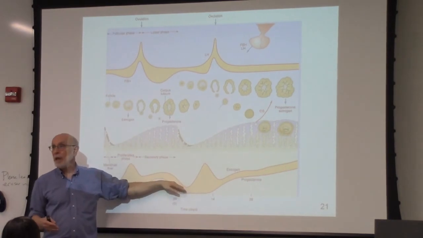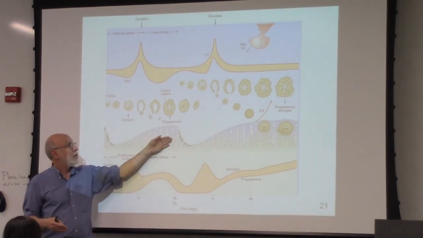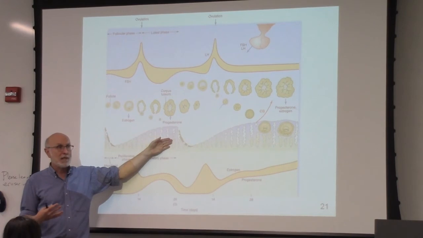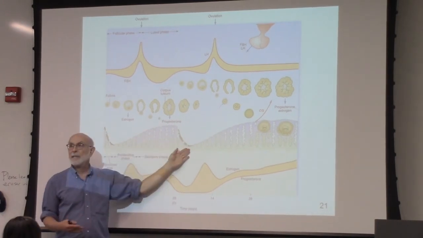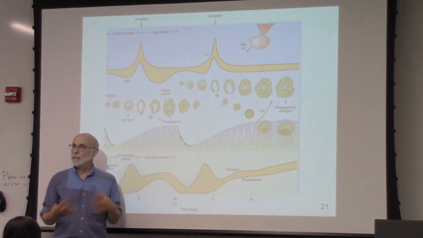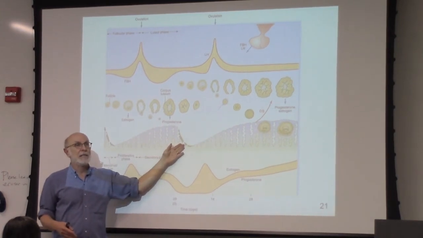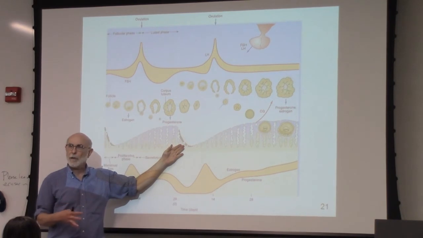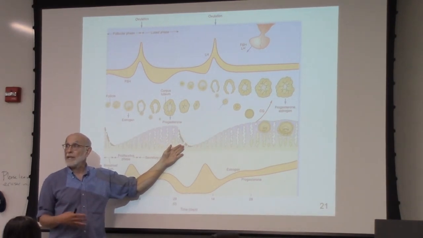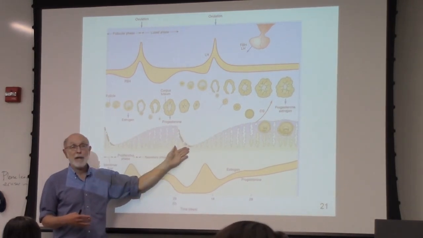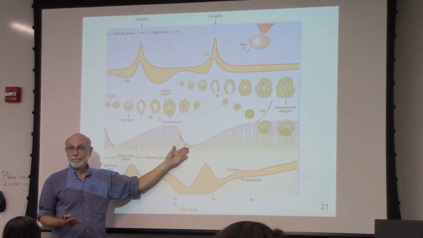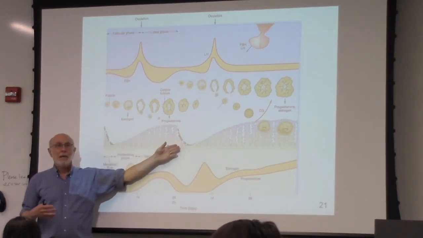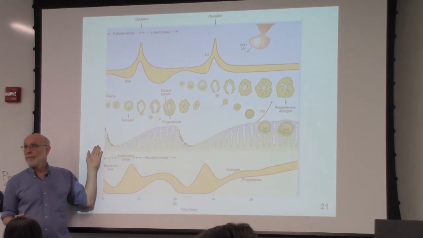Progesterone levels plummet. The uterine endometrium loses the hormones necessary to sustain it, and it loses its stability, and it sheds the uterine lining. Not all of it, but there is shedding of the proliferated cells of the uterine endometrium, and that's menstrual flow. Okay, so we've done a non-pregnancy cycle.